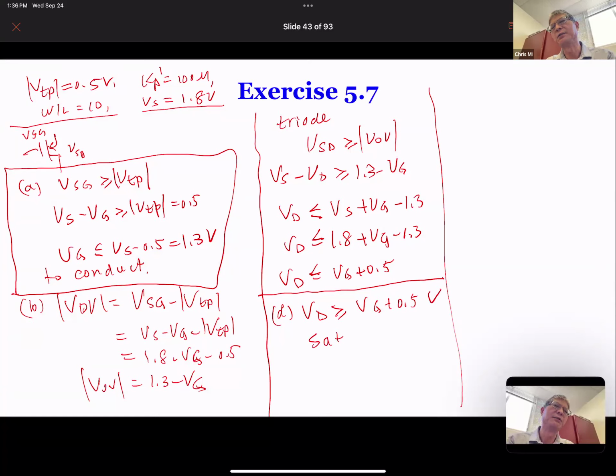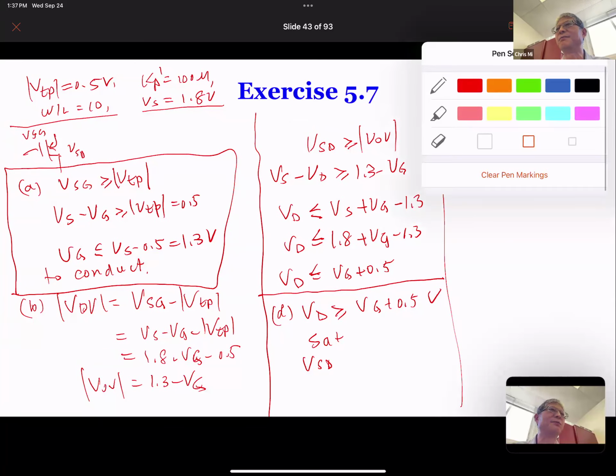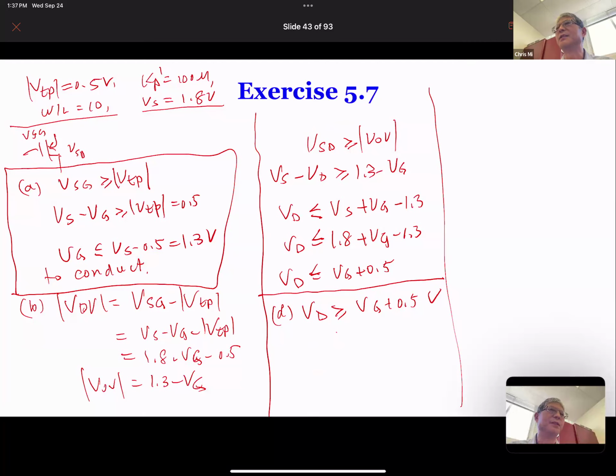You can derive it all the way, but certainly the conclusion will be the same. Because what we're doing is, no, you know what? I think what we have done was actually done incorrectly. So let me do this in a correct way. This is C, and this is going to be D in the saturation region.